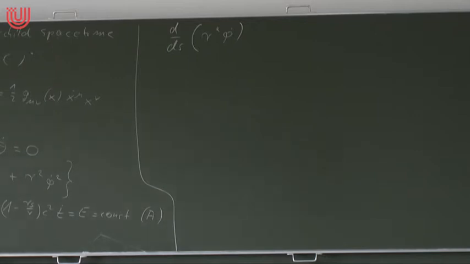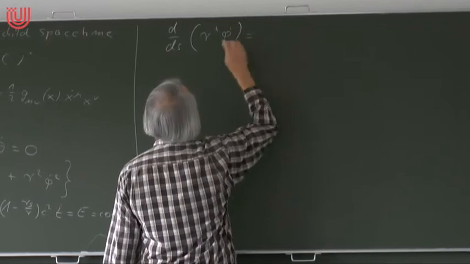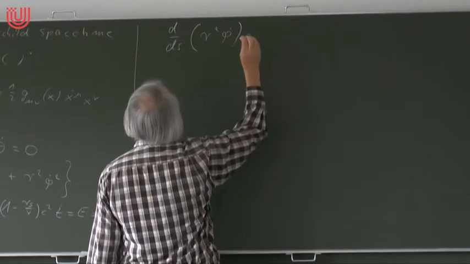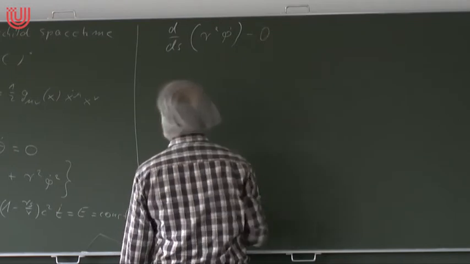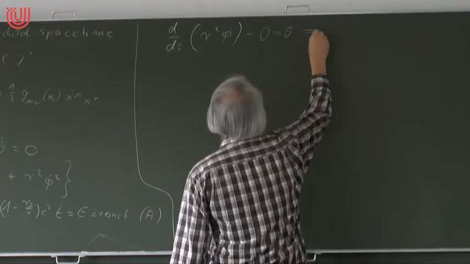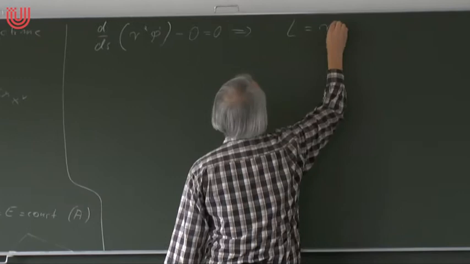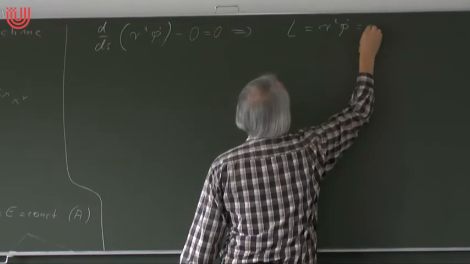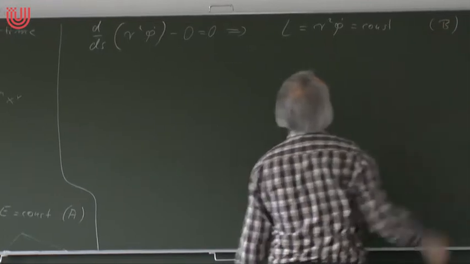I don't know what made me write such a stupid thing. So I will correct this when I send around the next chunk of lecture notes. And again, there's a 0 because the Lagrangian is independent of phi. So we have another constant of motion, which we denote L. And this is our equation B.